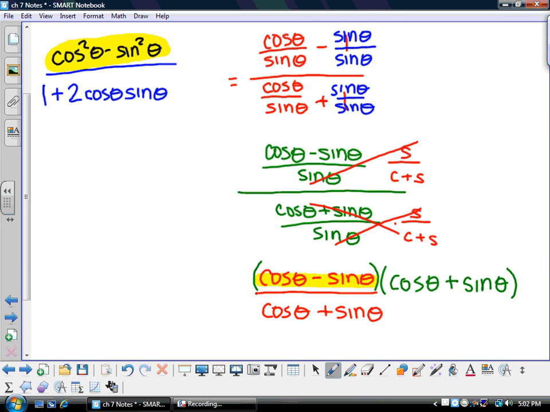So it looks like multiplying by the conjugate would help me get to where I'm going. So that's what I'm going to do. I'm going to multiply the top and the bottom of this fraction by cosine plus sine. I'm multiplying by that because I'm looking at where I'm going, and that's the step I need to do to get the tops to match. Hopefully it will also be helpful in getting the bottoms to match.